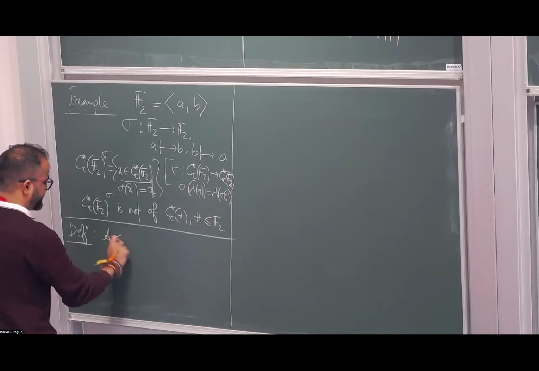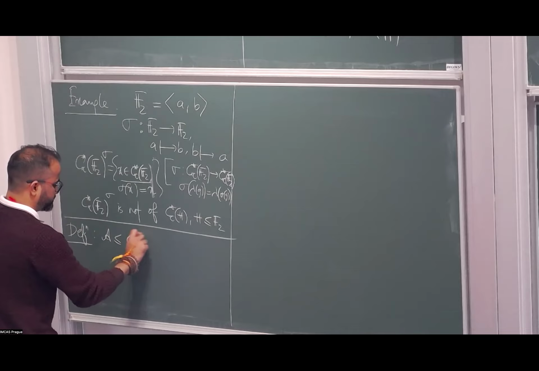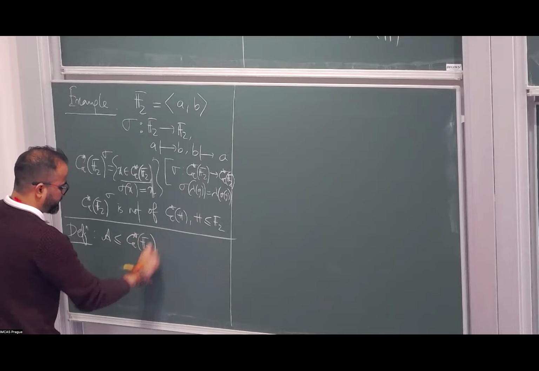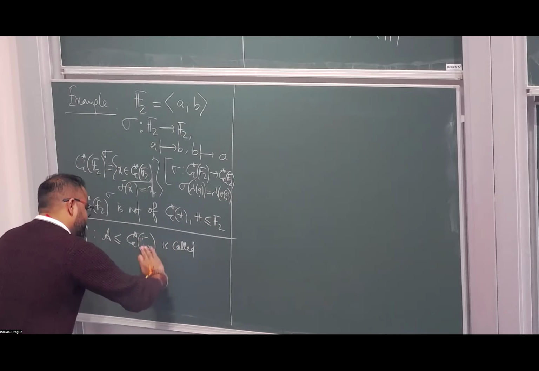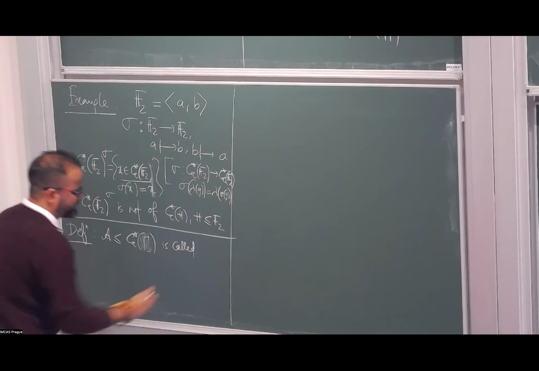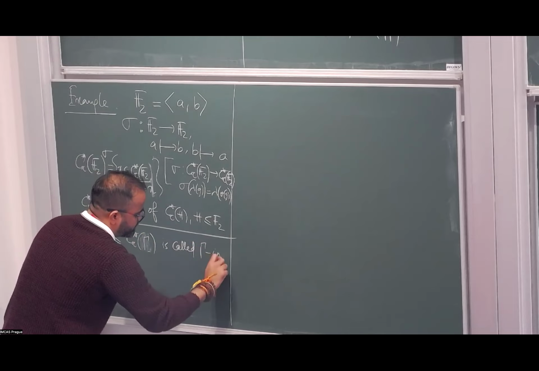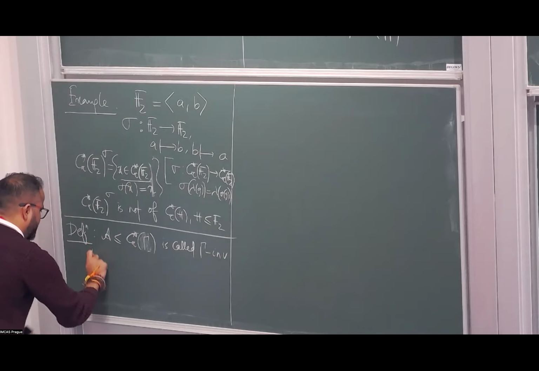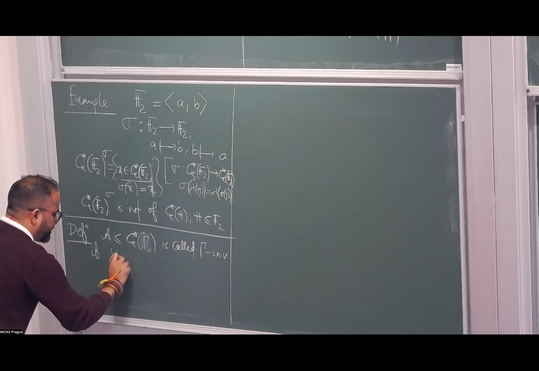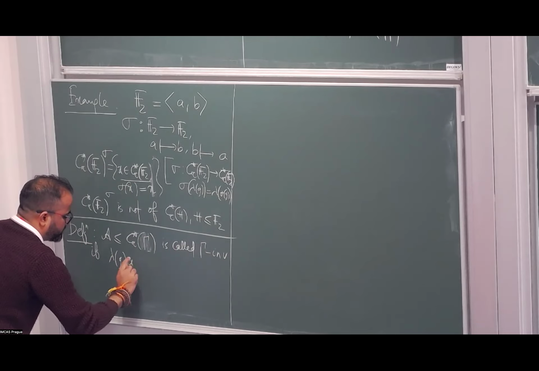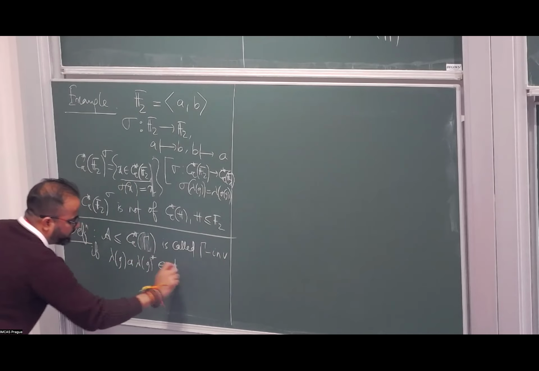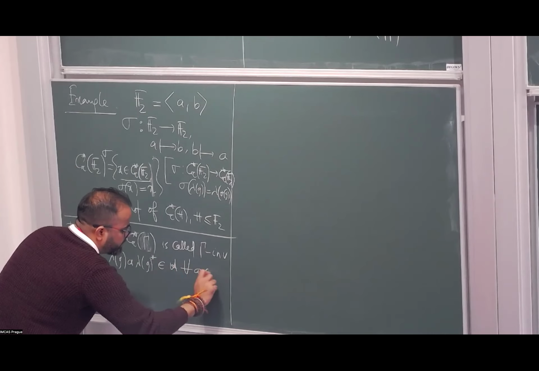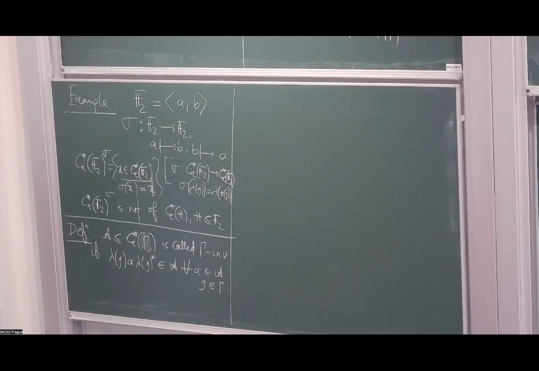A subalgebra A is called gamma invariant if lambda g a lambda g star is again in A for every element a in A and every group element g.